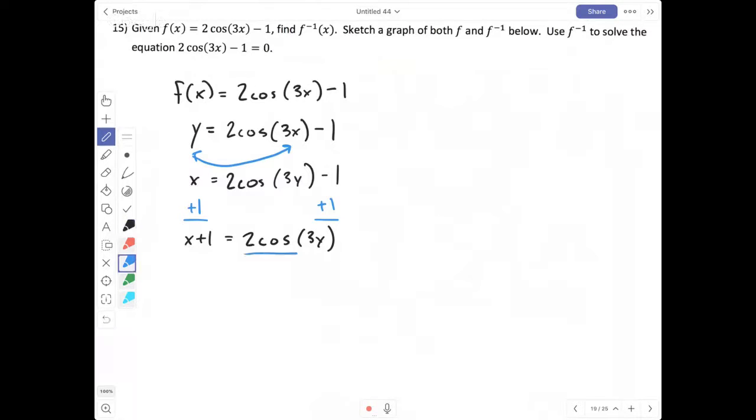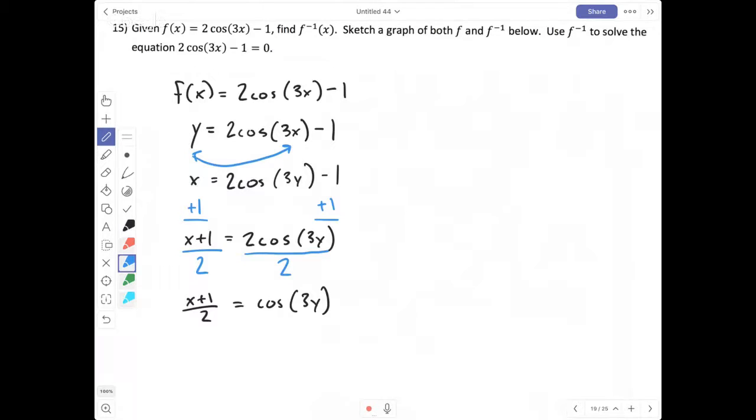I'm going to divide by 2, which gives me (x plus 1) over 2 equal to cosine of 3y. I'm going to undo cosine by inverse cosining.